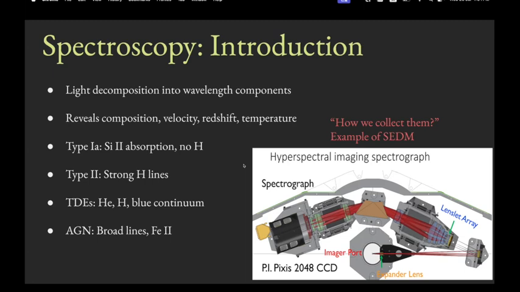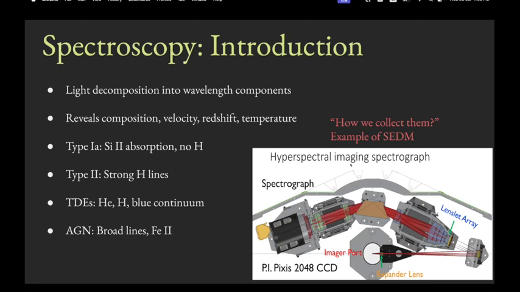And how we can collect the spectra. There is a spectrograph, the SEDM spectrograph, and this is actually how the machine looks like, and this is attached to the telescope.